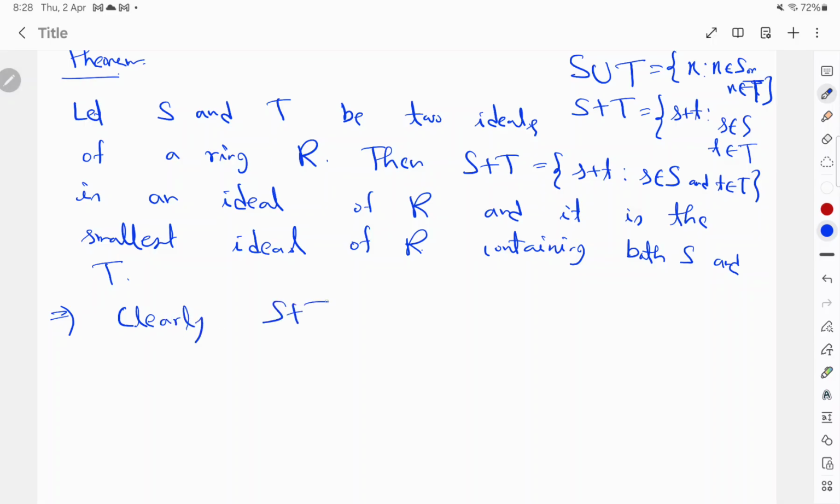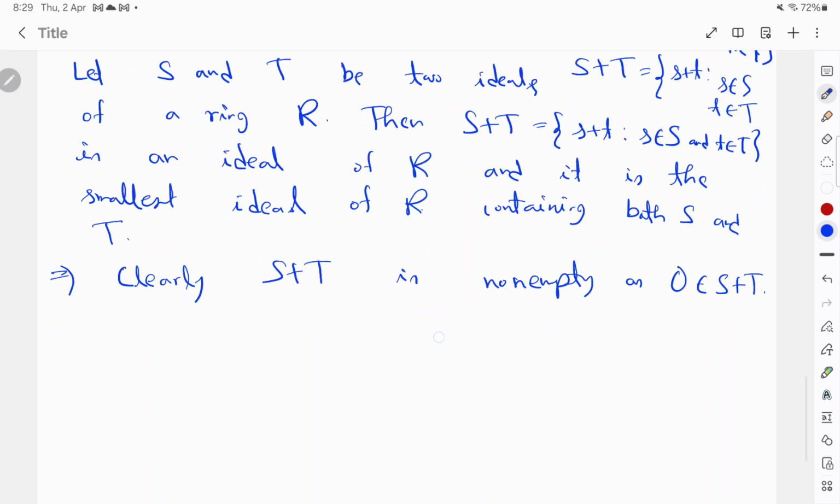Clearly S plus T is non-empty as 0 belongs to S plus T. Anyway, this is just an easier one.